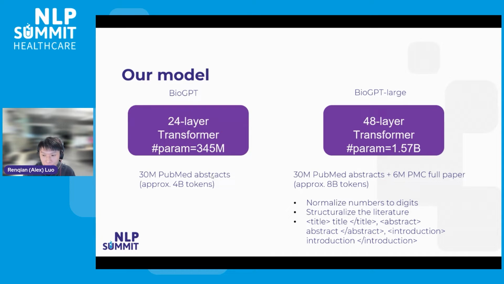So the structure information is also important for the model to learn the relation between each part. So we carefully deal with the structure information. We add special tokens surrounding the different parts to let the model better learn these parts.